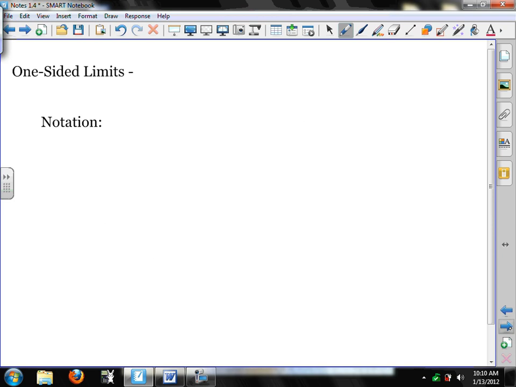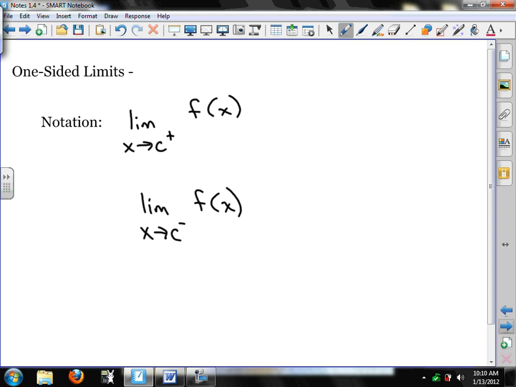We're going to be talking about one-sided limits in this section. The notation looks like this. The limit as x approaches c from the right of f of x, or the limit as x approaches c from the left of f of x. So the plus sign here tells us that we are approaching from the right.